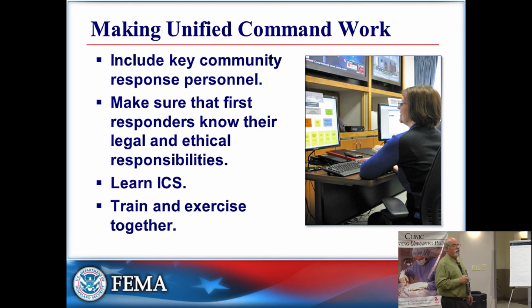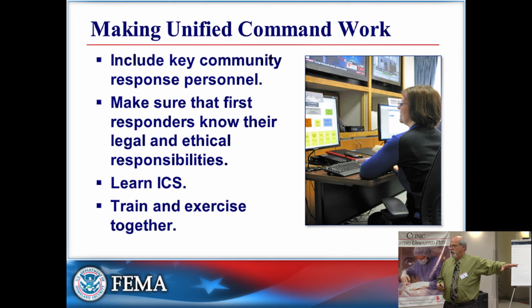Isn't it beneficial that if anybody is going to try to make this work, they have an understanding of ICS, all right? And so we would expect all the key leadership in this scenario to do their homework and attend classes like this and know what their responsibilities are in ICS. And then finally, like I said a while ago, training and exercising together, because what we're ultimately trying to do here every day is be better prepared for the next one, aren't we?